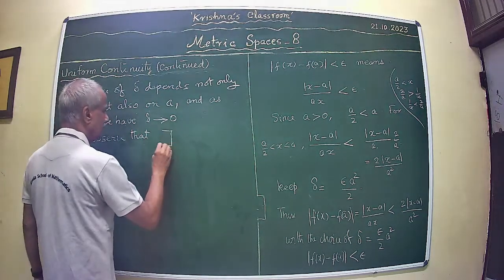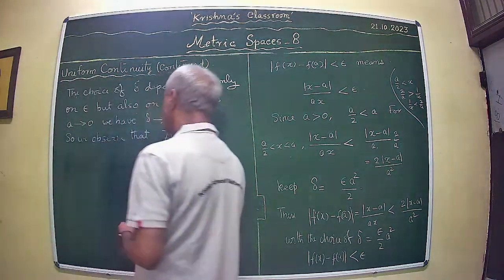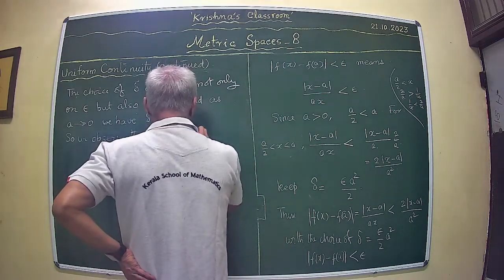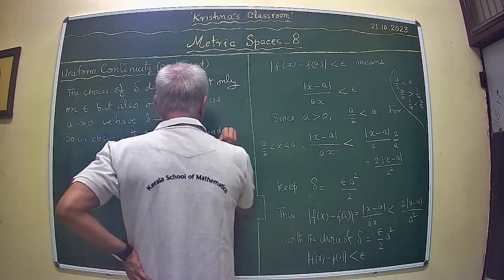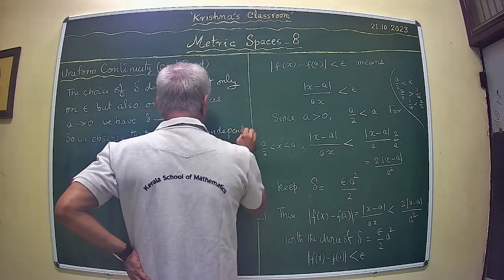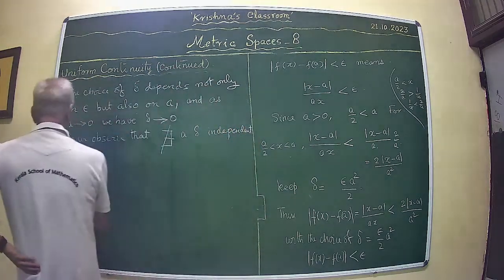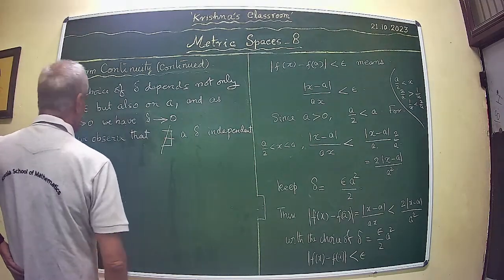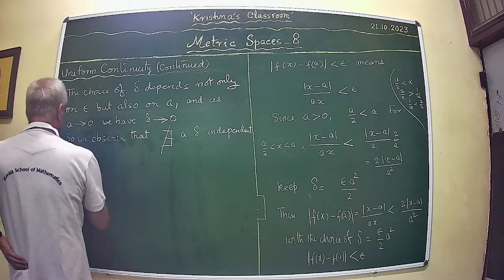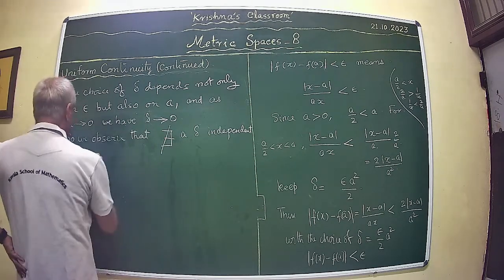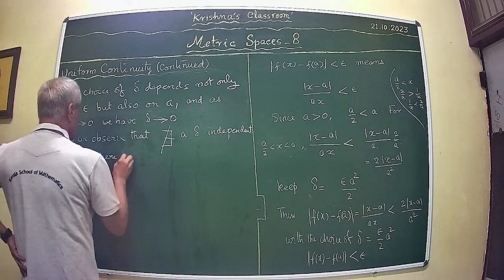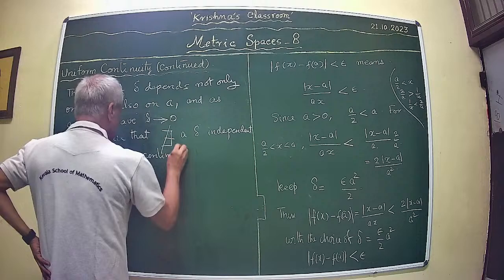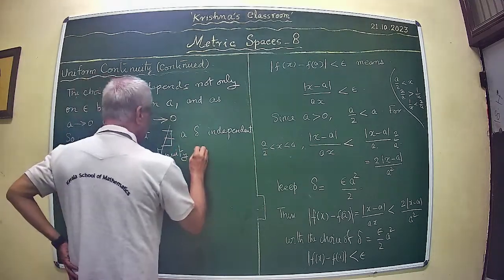So one observes that there does not exist a delta independent of a, where the continuity is investigated.